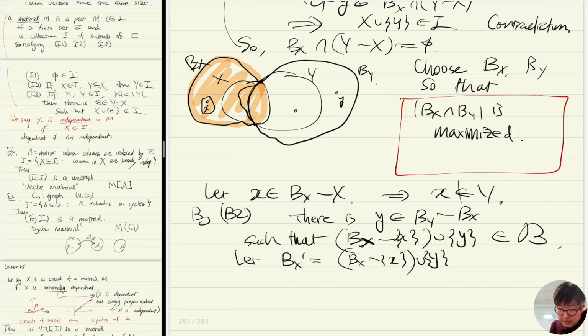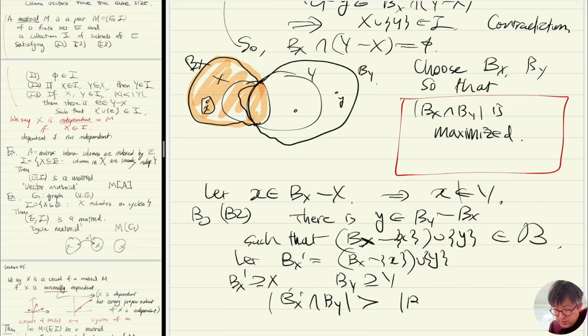Now, bx prime contains x, by contains y, but bx prime intersection by is strictly bigger than bx intersection by, so that's a contradiction. Okay, so that's the proof.